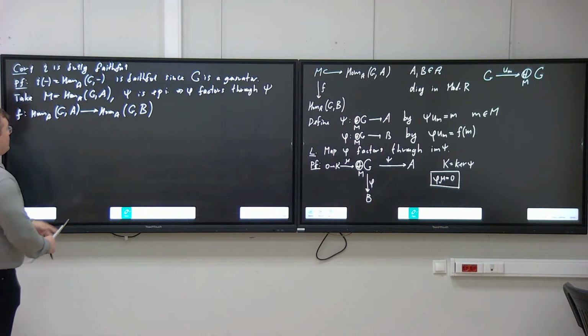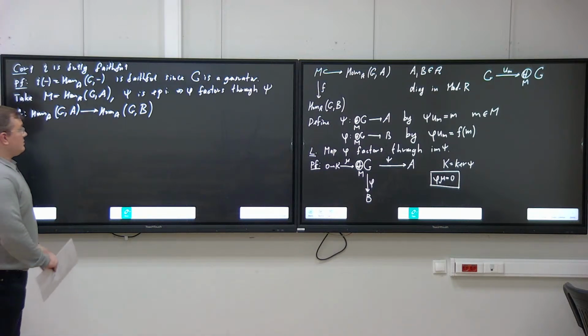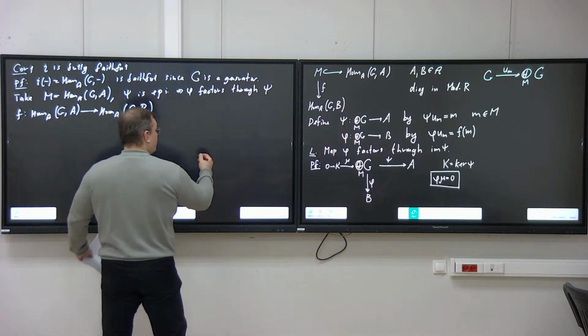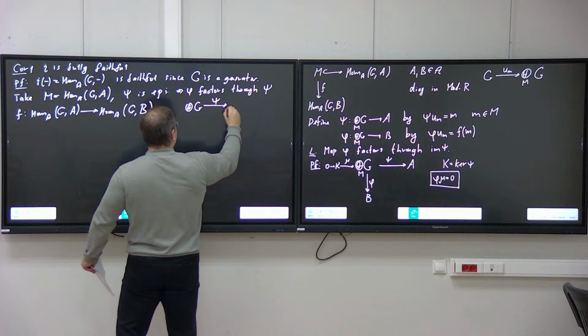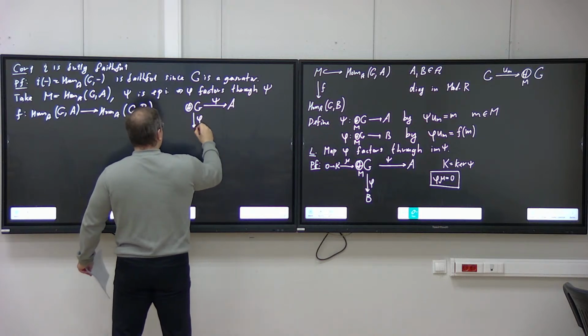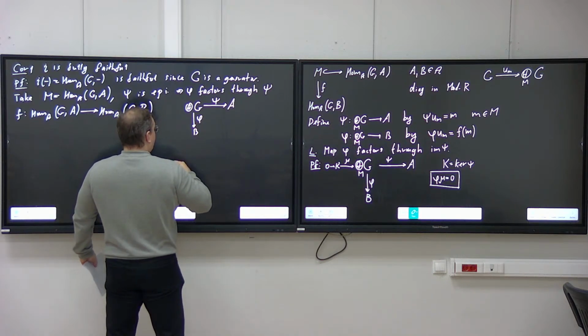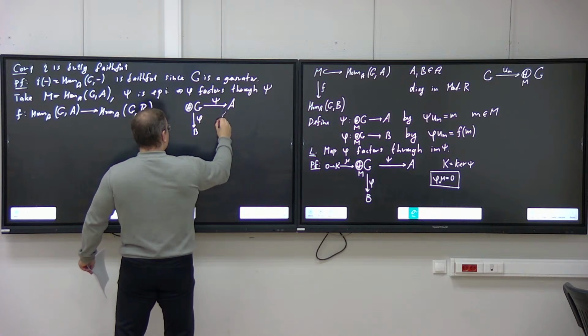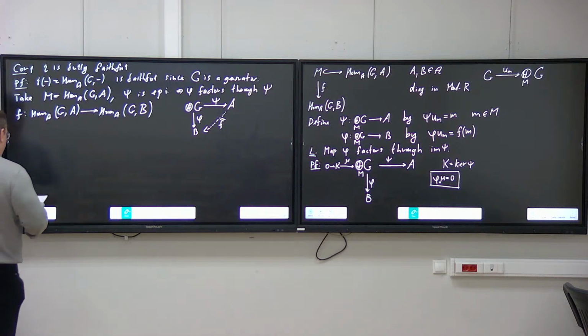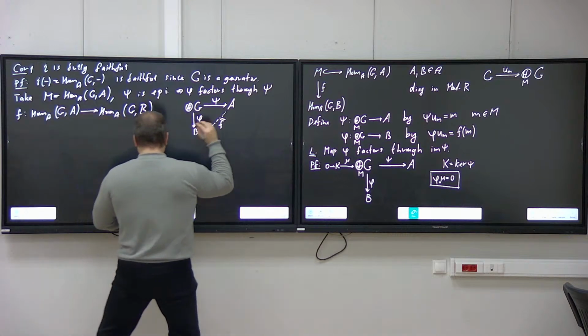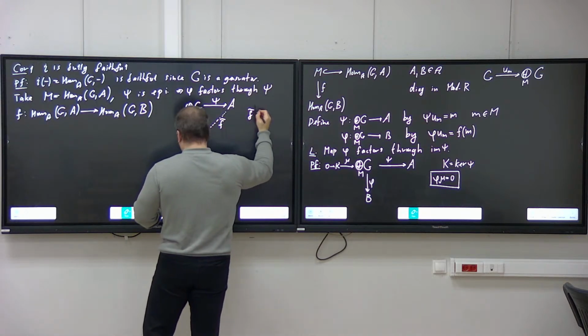Because I know that psi factors through, so if I repeat this diagram, direct sum of the G, this is map psi to the A, this is map phi to the B. It factors, so there is a map which I'm going to call F tilde, from the A to the B. So in formulas, this means that the composition of the F tilde psi is the same as phi.